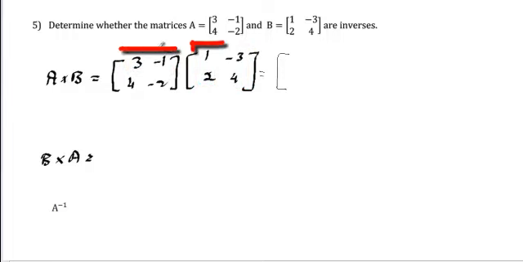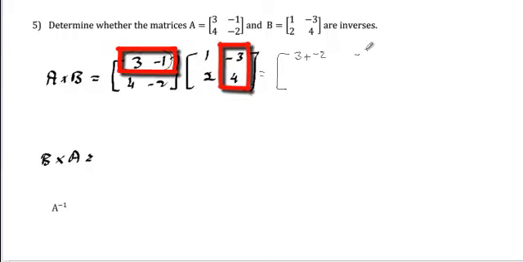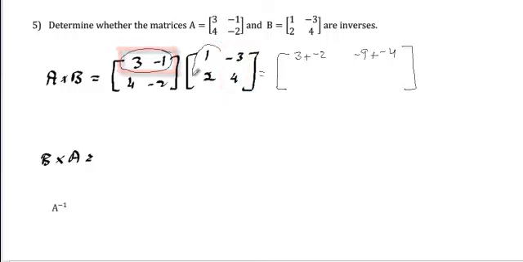Performing the first multiplication, we say 3 times 1 is 3, and minus 1 times 2 is minus 2. We put plus between them. Then 3 times minus 3 gives minus 9, plus minus 1 times 4, which is minus 4. I did the first row with 1, 2, and then with minus 3, 4.